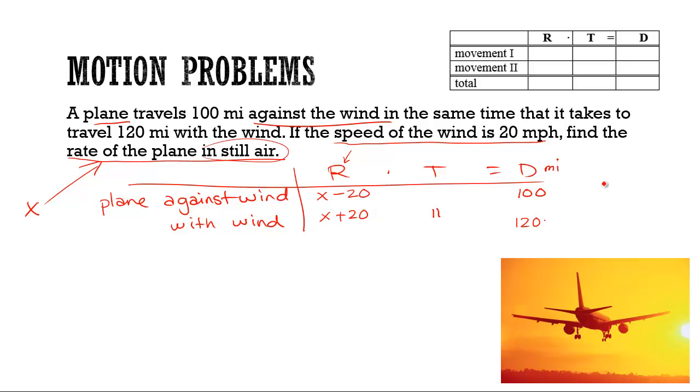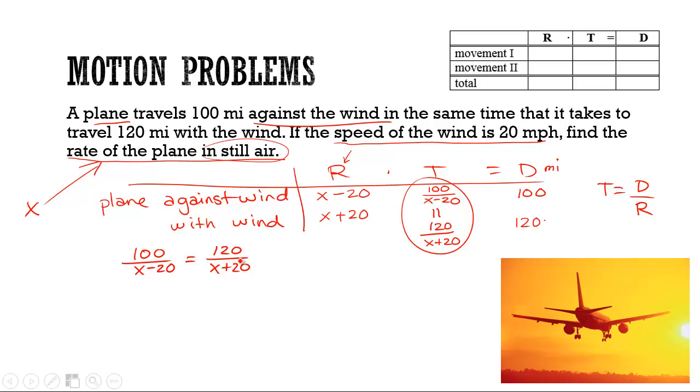Now again, we know that time is distance divided by rate. So the time here is 100 over x minus 20, and the time here is 120 over x plus 20. And since the times are equal, we can equal them into an equation. 100 over x minus 20 equals 120 over x plus 20.